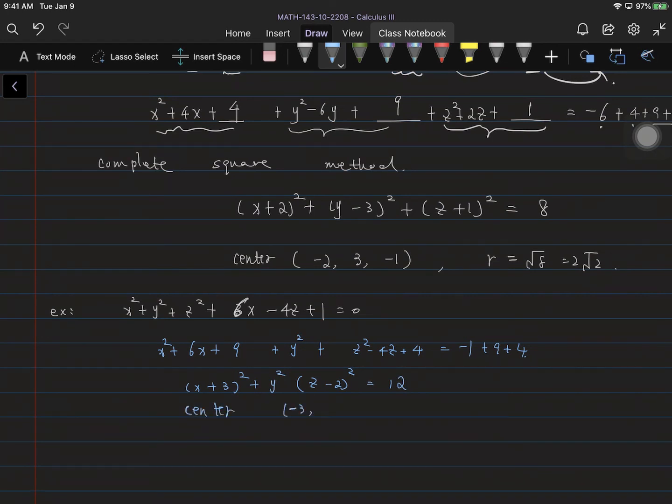The center is (-3, 0, 2), and the radius is root of 12, which is 2 root 3.